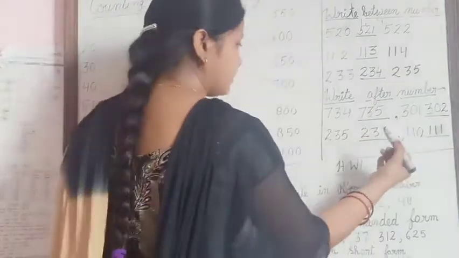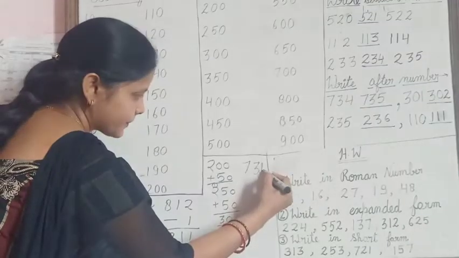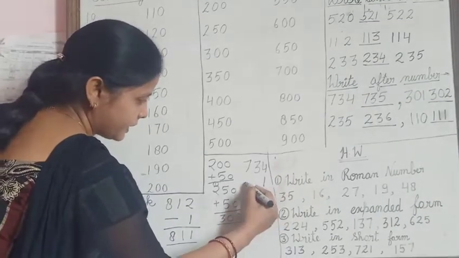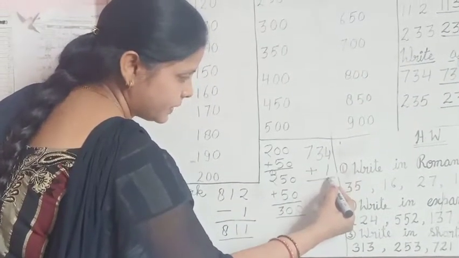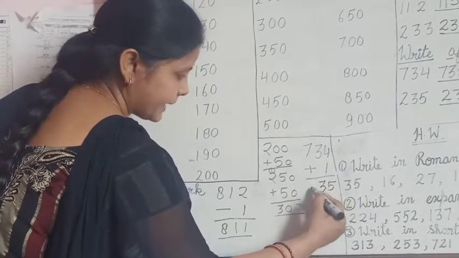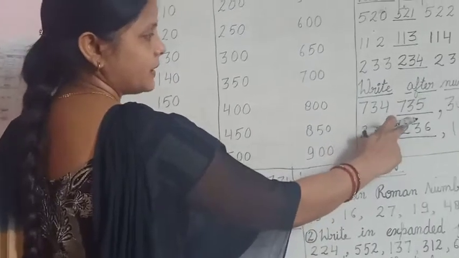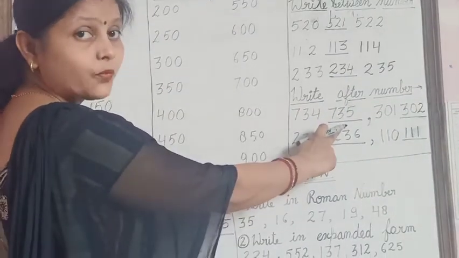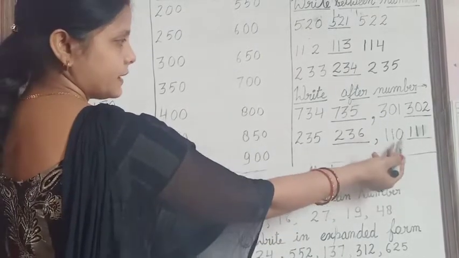When you add 1 to 734, 4 and 1 is 5. Very good. 3 and 7. So you have the next number, 735. Just after number. Some example is there.